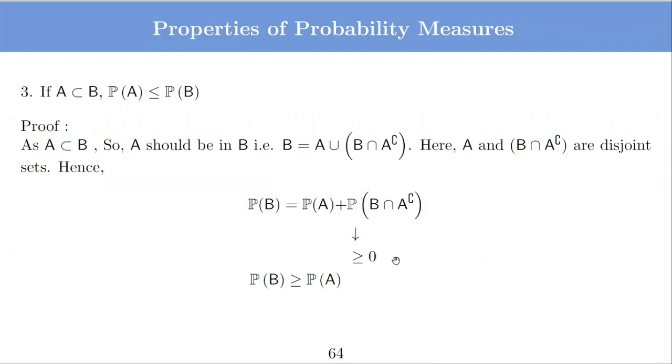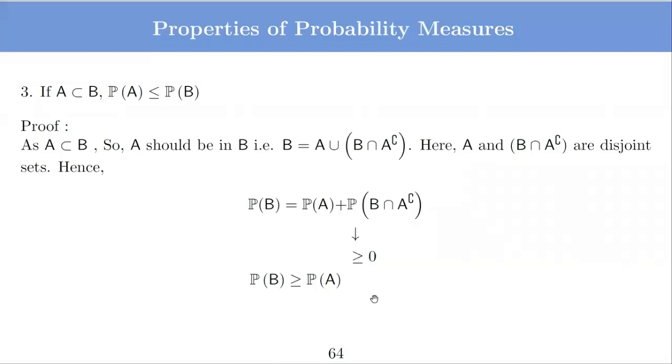It will be either equal to or greater than 0. So if you add something in PA which is greater than or equal to 0, you will of course get something which is bigger than PA. Okay, so you can say that PB should be greater than or equal to PA. It cannot be less than it, right? If you add anything to PA, a positive number or even 0, you cannot get a number less than PA. Okay, so that is how we get this.